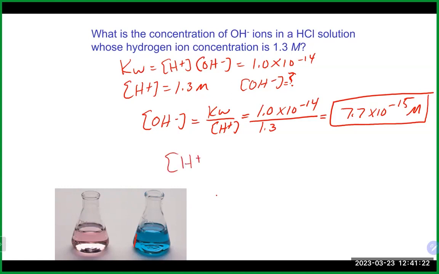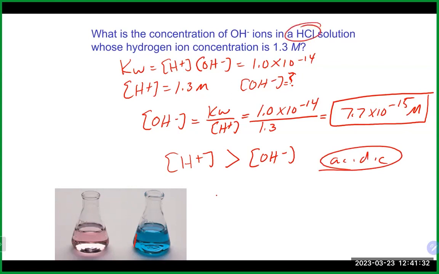It is acidic because the H plus concentration at 1.3 is greater than the OH minus concentration. So it would be acidic, which we would hope, because this is hydrochloric acid, right? So we would hope that guy would be acidic. If it's not, then definitely something probably went wrong somewhere there in the calculation.